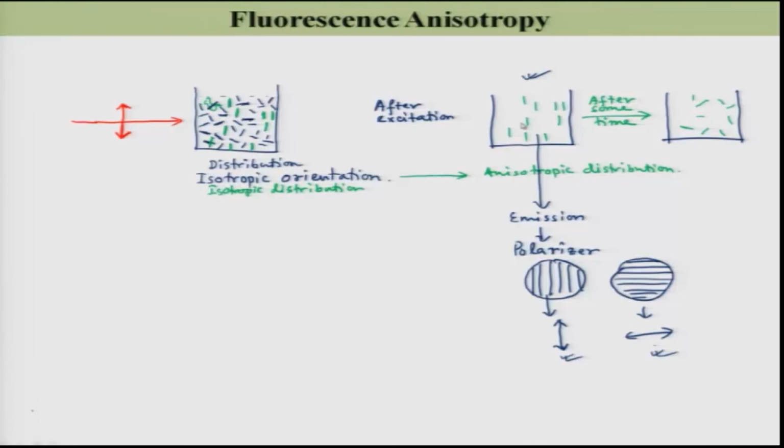Horizontal direction and vertical direction mean the polarization of this emitted fluorescence light, right. So, the intensity along the vertical direction is more compared to the horizontal direction at the initial time, which means the system is anisotropic. Because the system is anisotropic, all the molecules are oriented this way. So, it is a particular orientation.